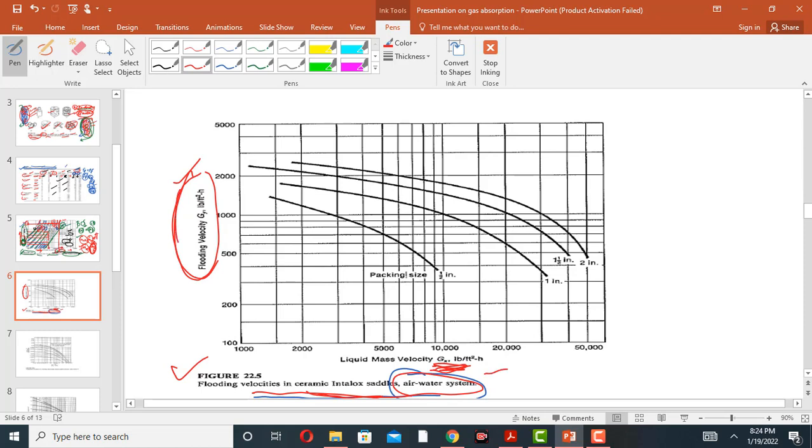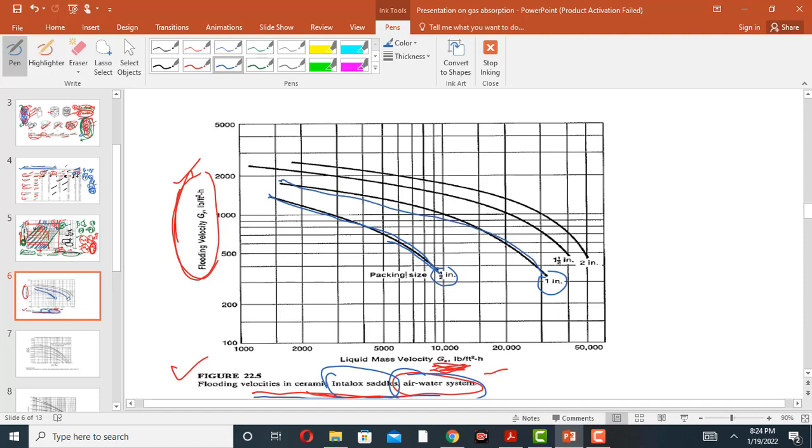But here the difference is that these graphs are for different packing sizes. For example, this graph is for interlock saddle, but for half-inch interlock saddle material, this curve is obtained. For 1-inch interlock saddle, this curve is obtained.